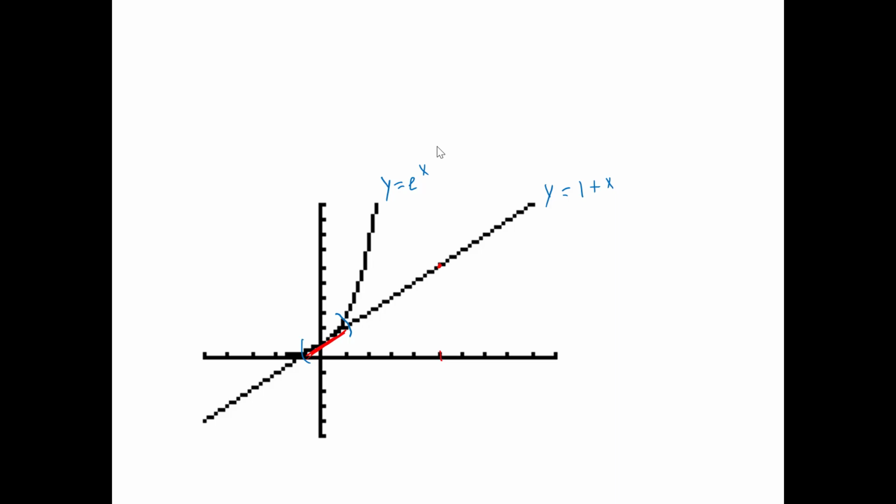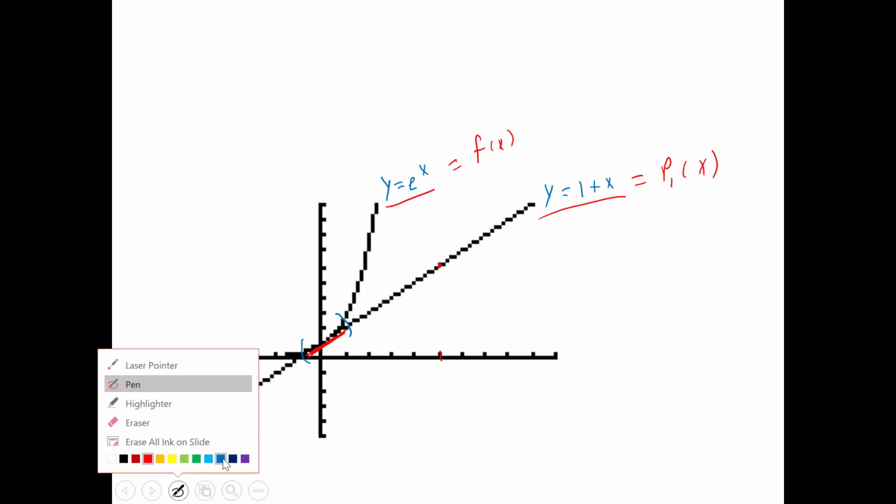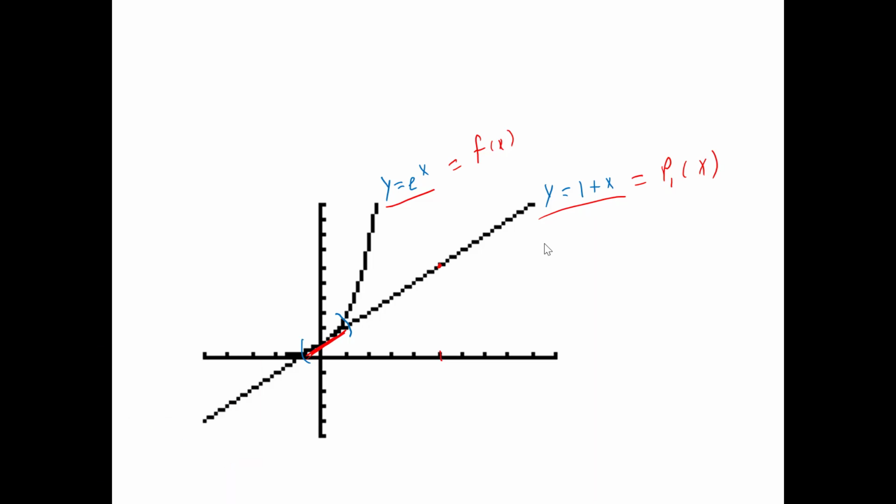One of the things you should notice about the two functions y equals e to the x and y equals 1 plus x is that they have the same output at 0. So we'll call this f of x, and we'll call this p1 of x. P1 of x is the tangent line. It's a polynomial of degree 1. That's why this 1 is here. When I evaluate P1 at 0, I get the same thing as if I evaluate f at 0.